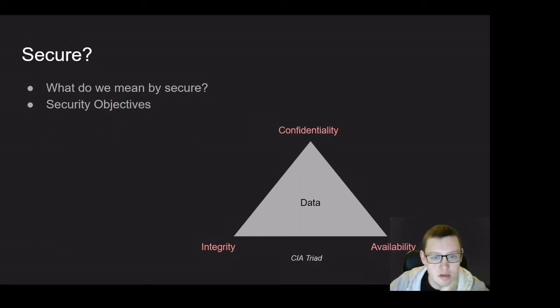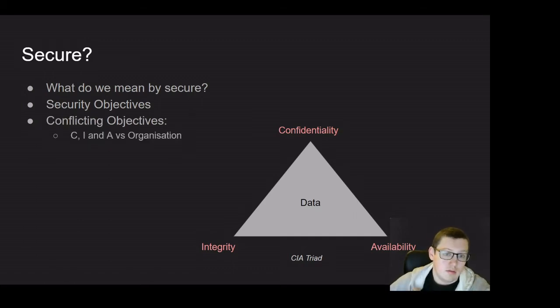Integrity, so keeping data or information accurate, complete and consistent, particularly when we're passing data between internal components of the same system. That can be a big cause of security problems if we're not consistent. And availability. So availability is keeping data accessible by people that need it when they need it.